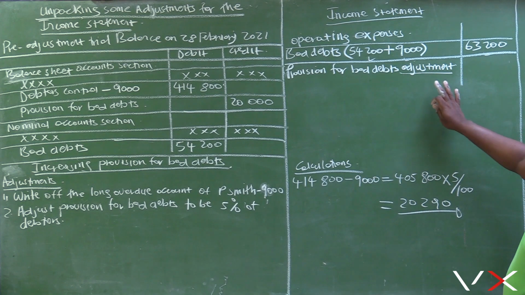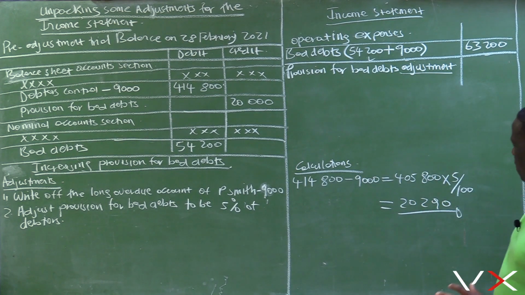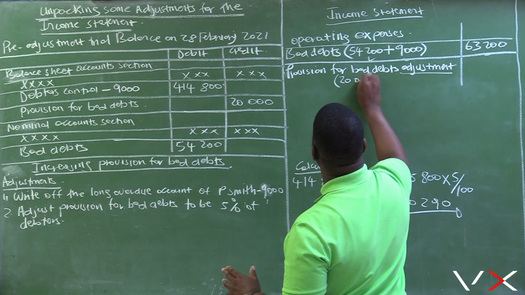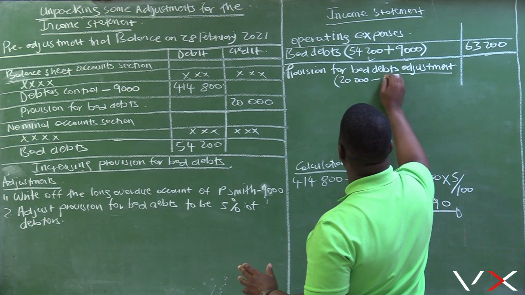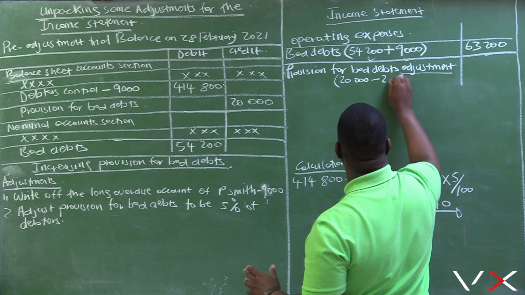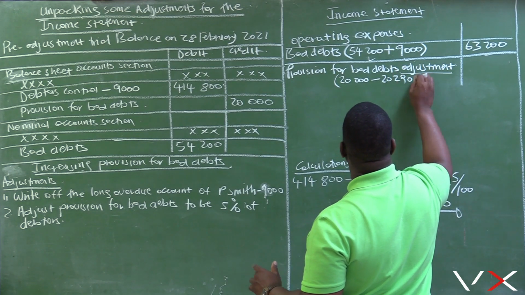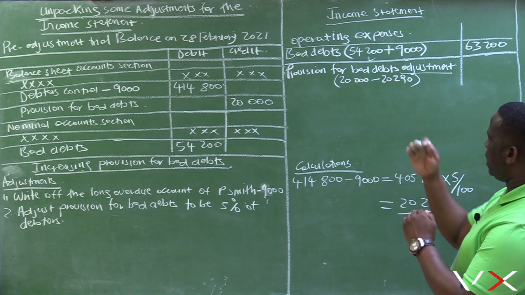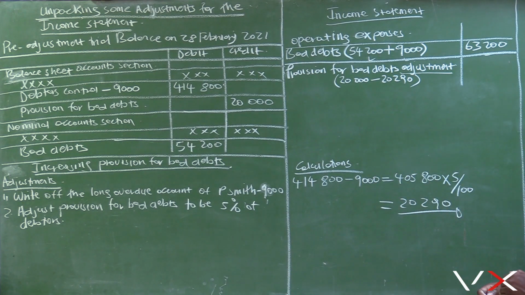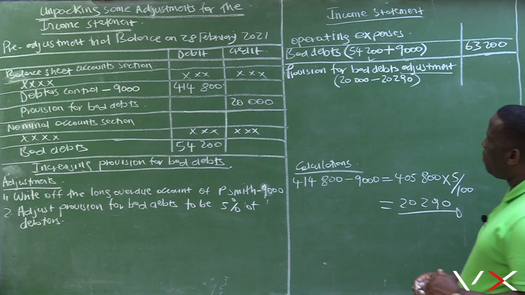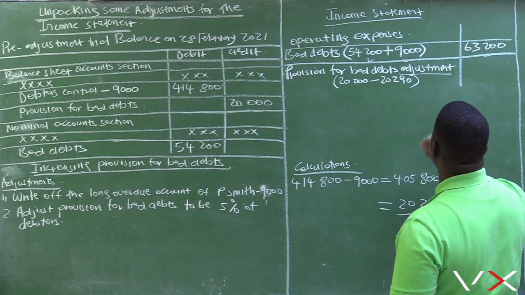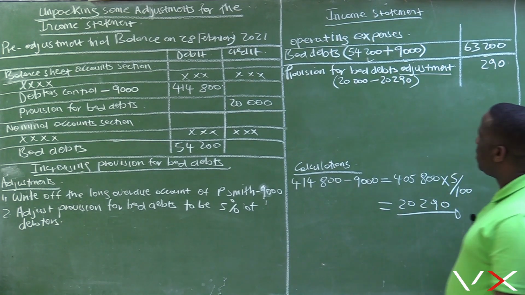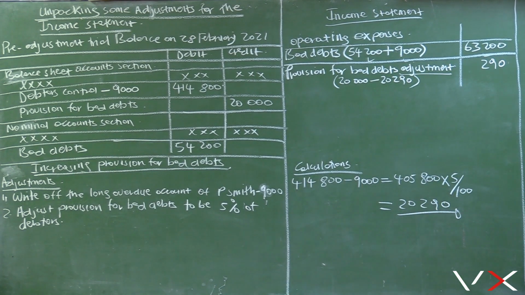And what we want here is only the adjustment. Our provision for bad debts is currently sitting at 20,000. According to the adjustment, it should be 20,290. So we just have to increase it by 290. The difference between 20,000 and 20,290 is only 290. So the adjustment is 290.